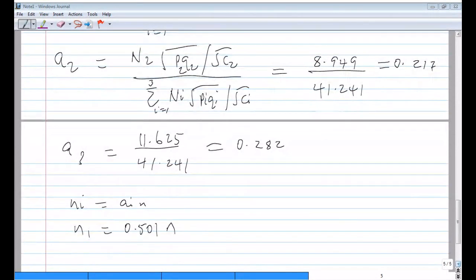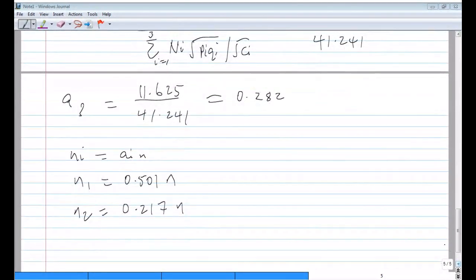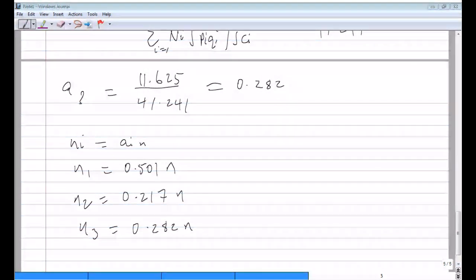Then n2 is 0.217 multiplied by the overall sample size. Then n3 is 0.282 times n. Remember, here again you have got unknown values, n1 and n, n2 and n, n3 and n.